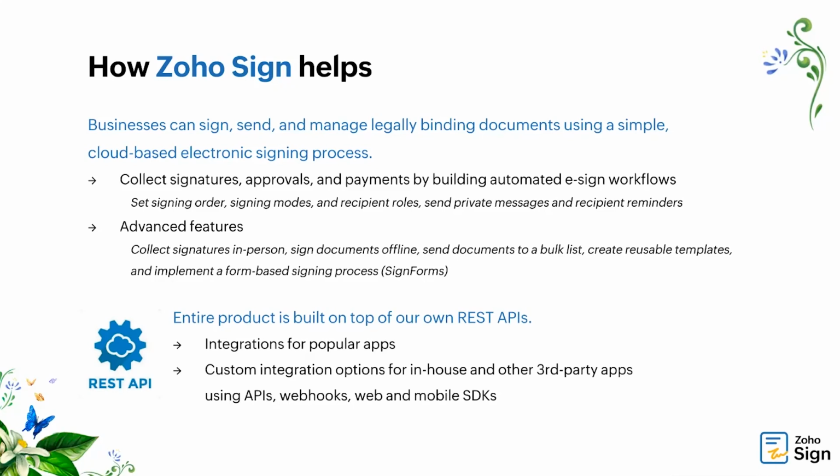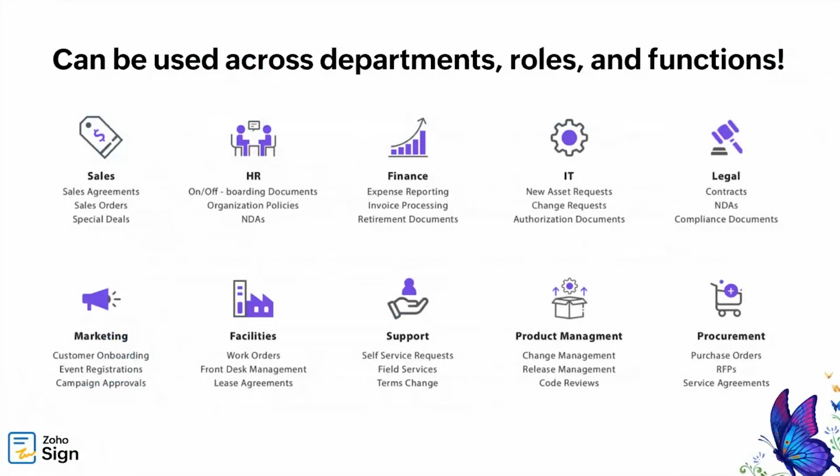You can also use these APIs, webhooks, and SDKs to build custom integrations. Zoho Sign caters to signatories across various industries, from sales and human resources to finance, IT, legal, marketing, real estate, NGOs, e-commerce, retail, and even entertainment. So no matter what you do, you can always count on Zoho Sign for reliable solutions.